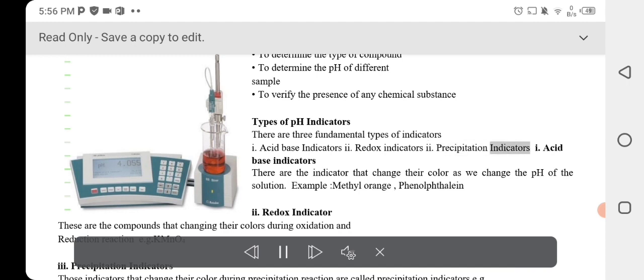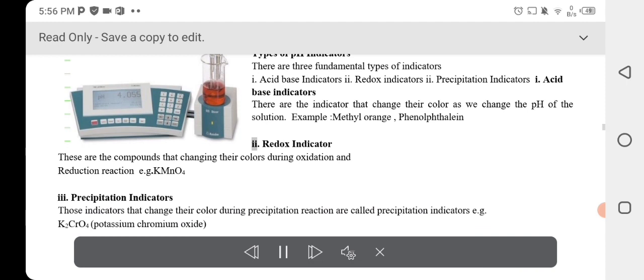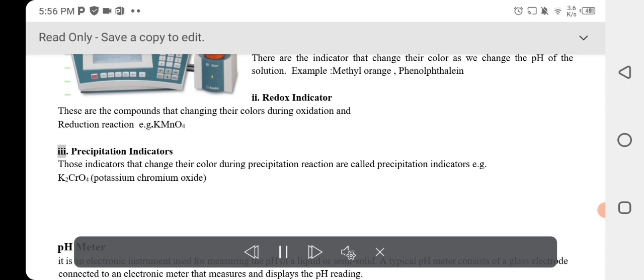Acid-base indicators are the indicators that change their color as we change the pH of the solution. Examples: methyl orange, phenolphthalein. 2. Redox indicators are compounds that change their colors during oxidation and reduction reactions, e.g. KMnO4. 3.